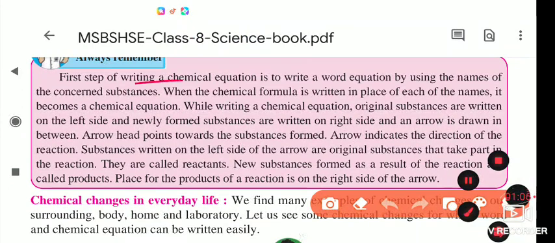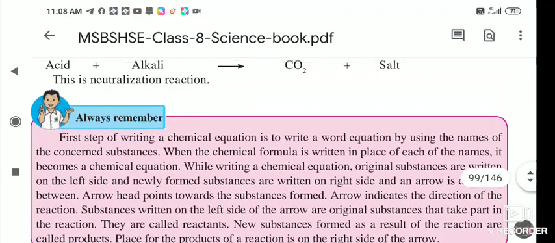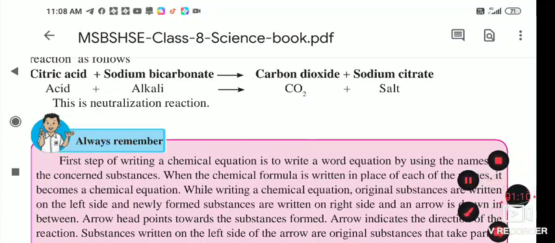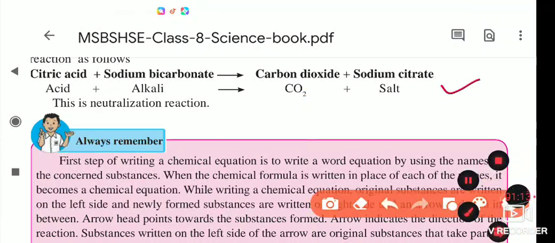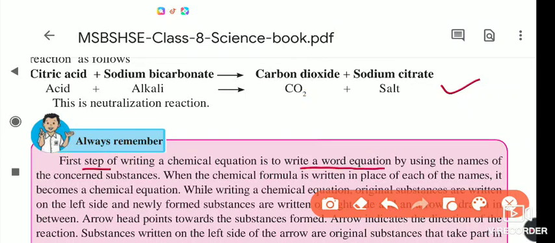First step of writing a chemical equation. So how to write this chemical equation? The first step of writing the chemical equation is to write the word equation, meaning citric acid plus sodium bicarbonate forms carbon dioxide plus sodium citrate.